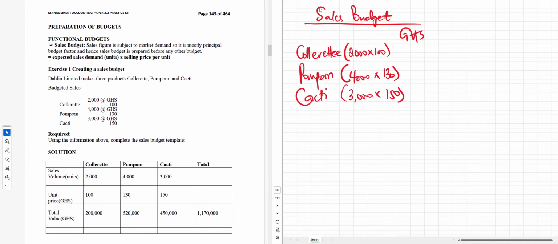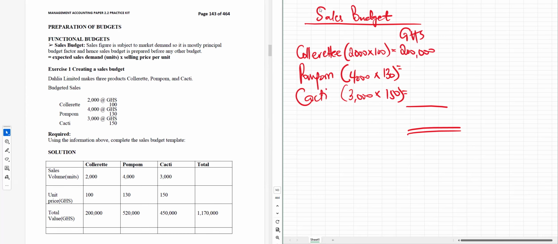This is how we prepare the sales budget. Is this thing difficult? This is the sales budget. In 1 year, your budgeted sales is your sales demand times price. So how much do we get? This becomes 200,000.